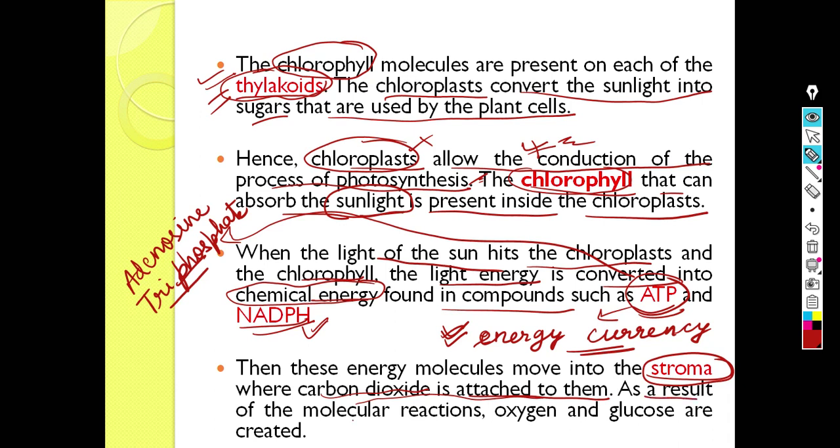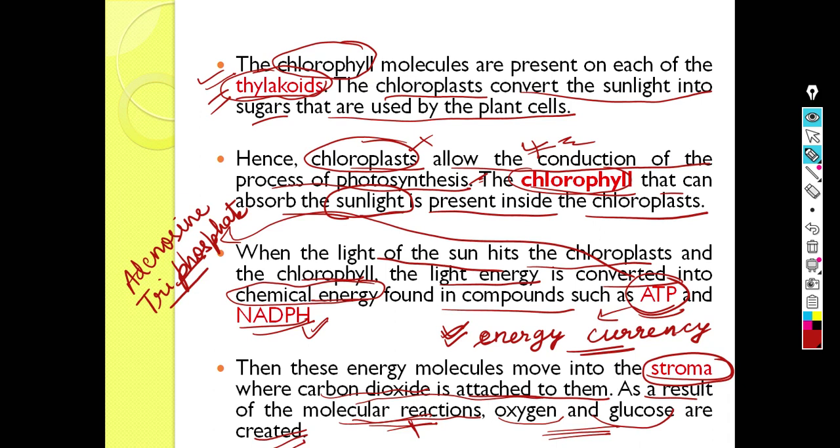As a result of the molecular reaction, like you have studied in chemical changes, there is a reaction taking place. Then oxygen and glucose, which are the products of this photosynthesis reaction, are produced here.